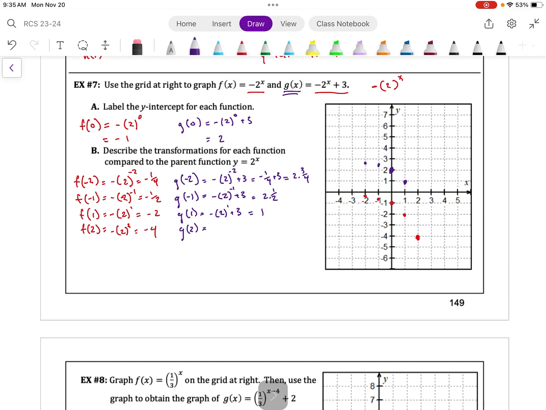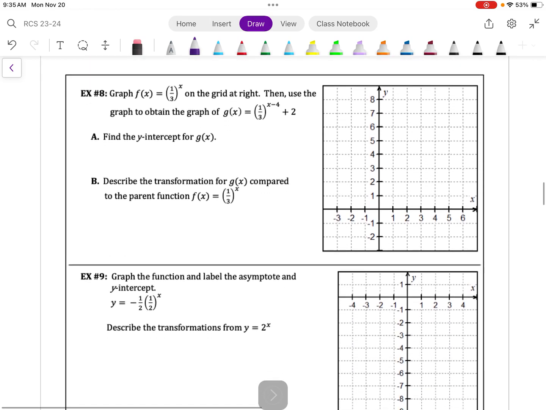And then lastly, for my g of 2, I'm going to have negative 2 to the 2 plus 3. That's going to go down to negative 1. Notice how all of these points, the relationship between these graphs, is that they are the same graph, just the purple graph is shifted up by 3.